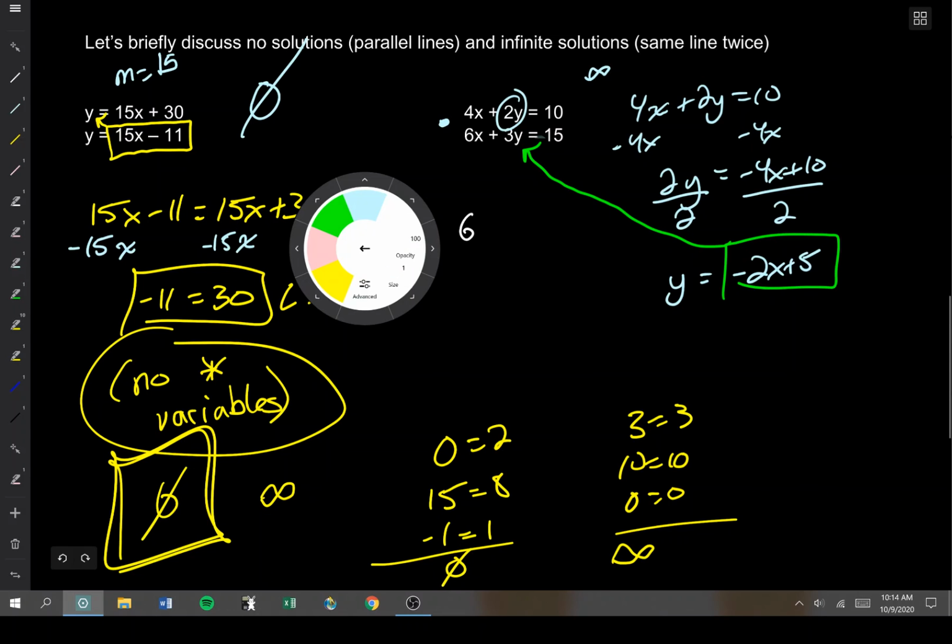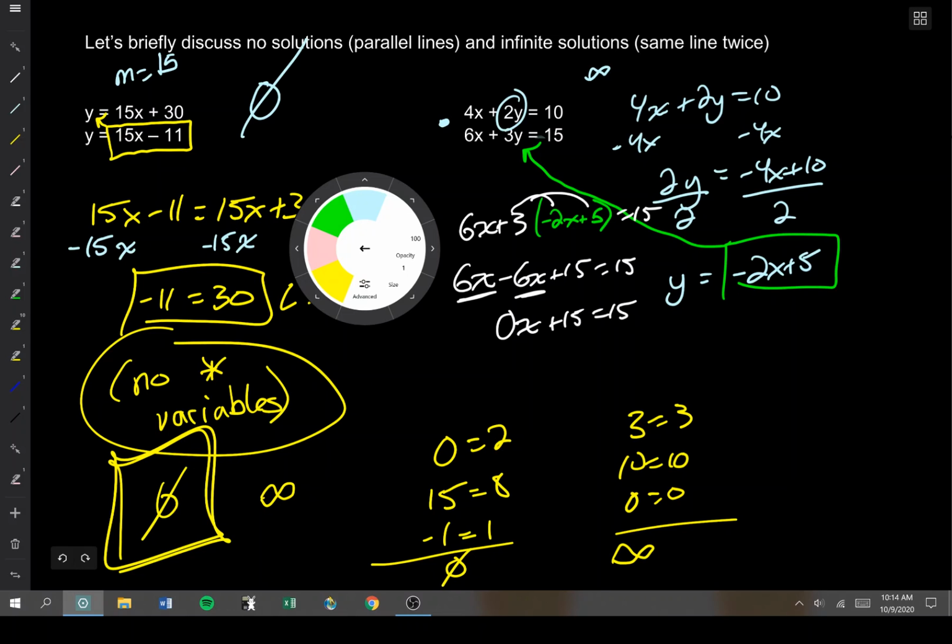So this becomes 6x plus 3 times y, but y is now negative 2x plus 5. And that equals 15. I do some distribution. 6x minus 6x plus 15 equals 15. These two 6x's combine to 0. 6x minus 6x is actually 0x.